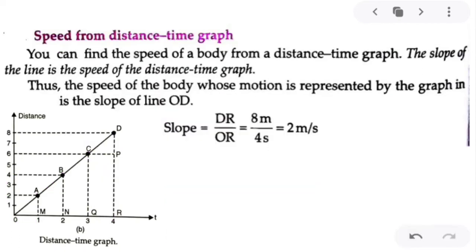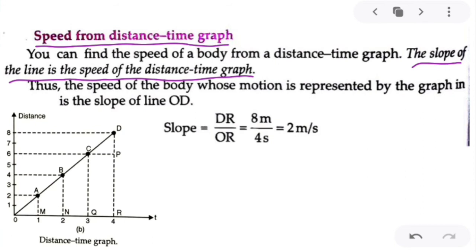So we can find the speed from the slope of the distance time graph. How can we find the speed? Let us see here, read this. You can find the speed of a body from the distance time graph. The slope of the line is the speed in the distance time graph. Remember this thing.